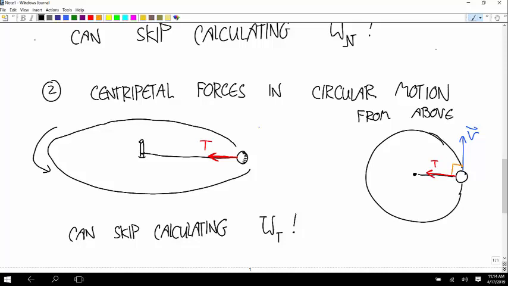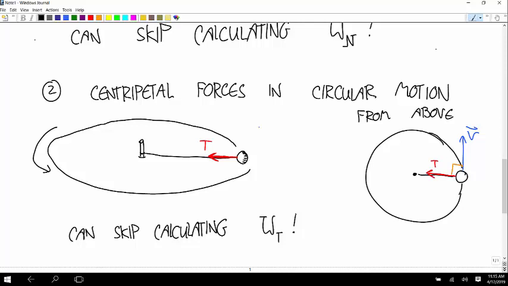Okay, so what forces are acting? If you drew a free body diagram, weight force, that's going into the page, right? Normal force, that's coming out of the page. And then the cable tension. So there are three forces.